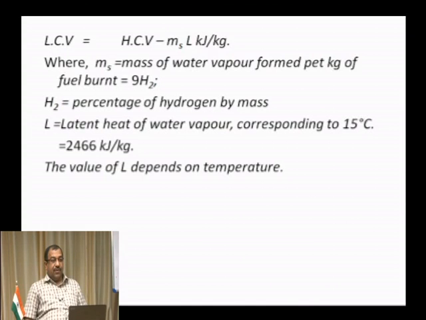Okay. Therefore, the lower calorific value can be obtained directly by subtracting the amount of heat lost to the water from the higher calorific value, which gives you net calorific value or lower calorific value.